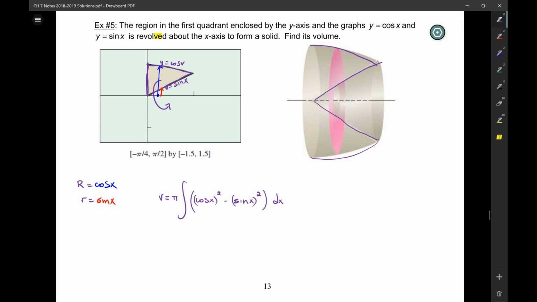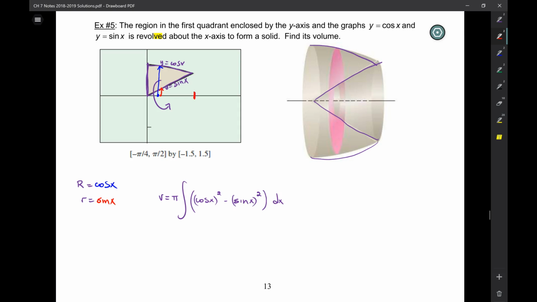And now I want this to go from 0 to some value, right? So what is this value? Without our calculators, do we even know? Where is cosine x and sine x the same? Pi over 4. Only at pi over 4 is sine of x and cosine of x the same.